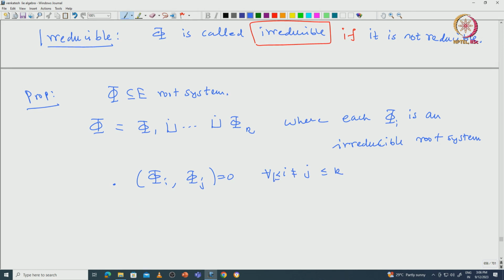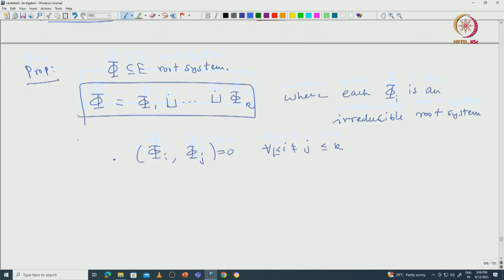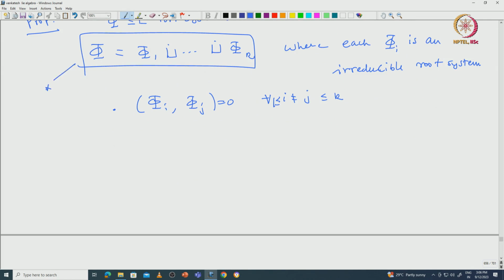So, you can write phi as a disjoint union of phi 1 etc. phi k. Each phi i is actually an irreducible root system, and phi i and phi j are orthogonal to each other for all i not equal to j. So, this is the way you can write any given root system. If star holds, we say phi is a direct sum of phi 1 etc. phi k.